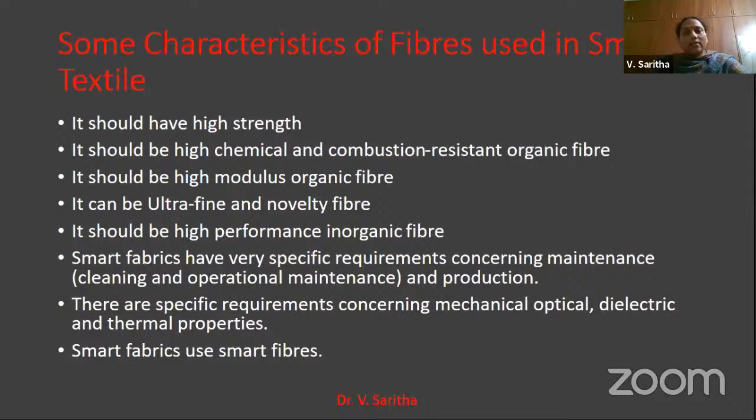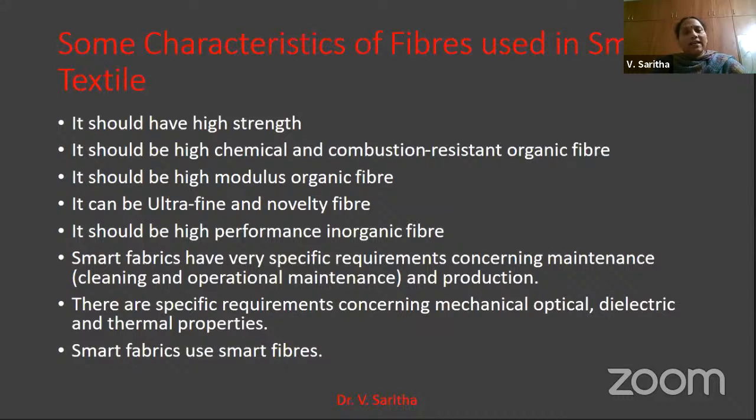So what are the characteristics of fibers used in smart textile? In the smart textile, what fibers we need to use, that is, what characteristic should be there in that particular fiber actually. Now it should have a high strength, because we are going to incorporate small circuits. It should have a high strength such that it should be able to hold that actually.